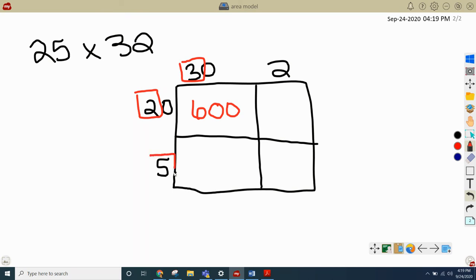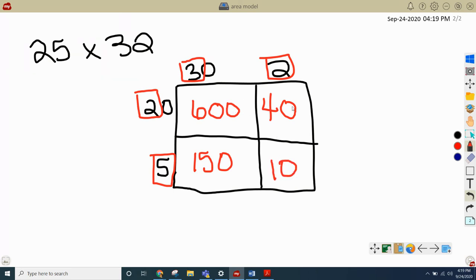And we're still using our basic facts. So 5 times 3 is 15, and we're going to add 1 zero. This box is representing 20 times 2. So we start with 2 times 2 is 4, and we add 1 zero. Okay, and this last box is always just going to be the basic fact. 5 times 2 is 10.